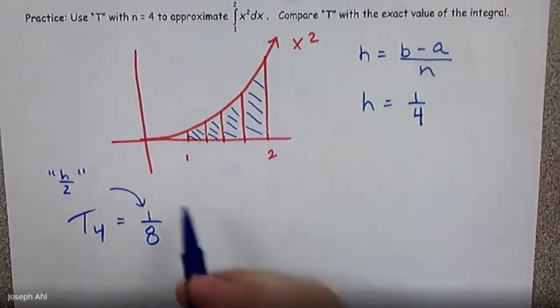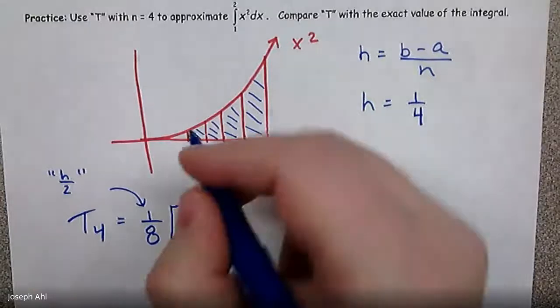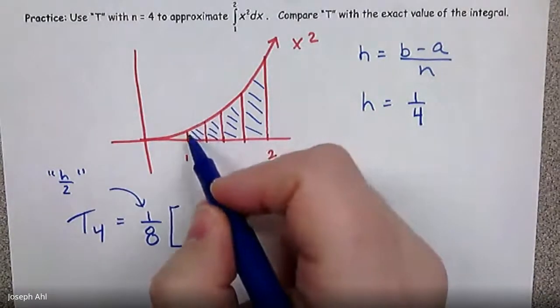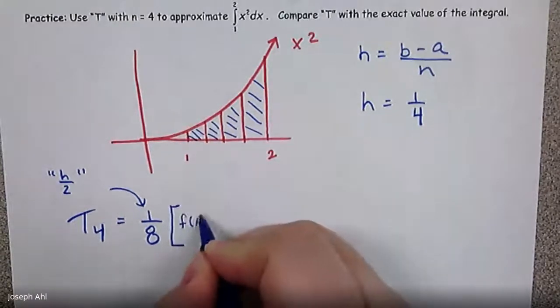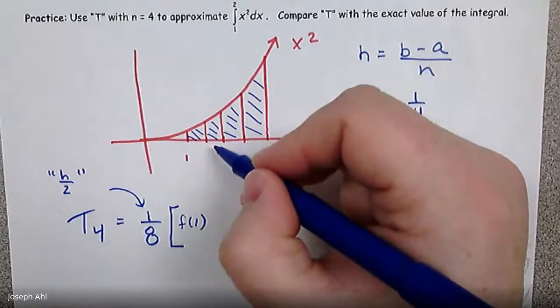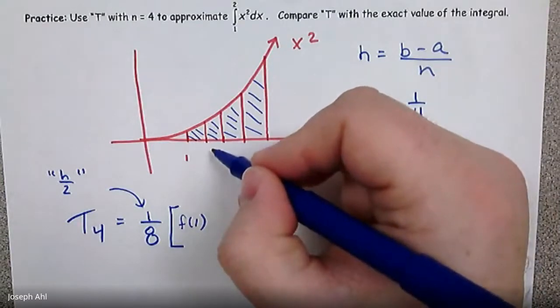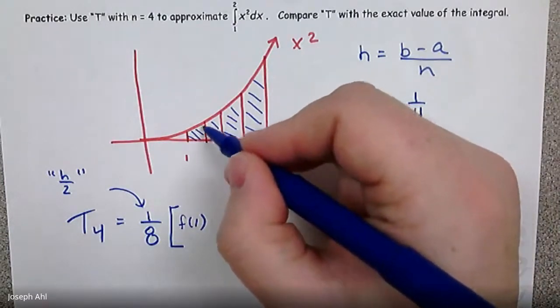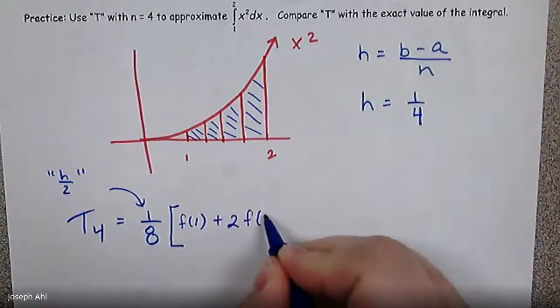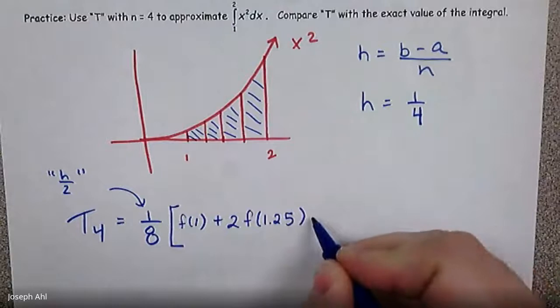Okay. So then from there, what am I going to do? I'm going to do the first height right there for that base length at f of 1. That's only going to be accounted for once. But the second base length of the trapezoid, this would be 1.25, that's going to count in the first trapezoid and the second trapezoid. So it's going to be plus 2 times f of 1.25.